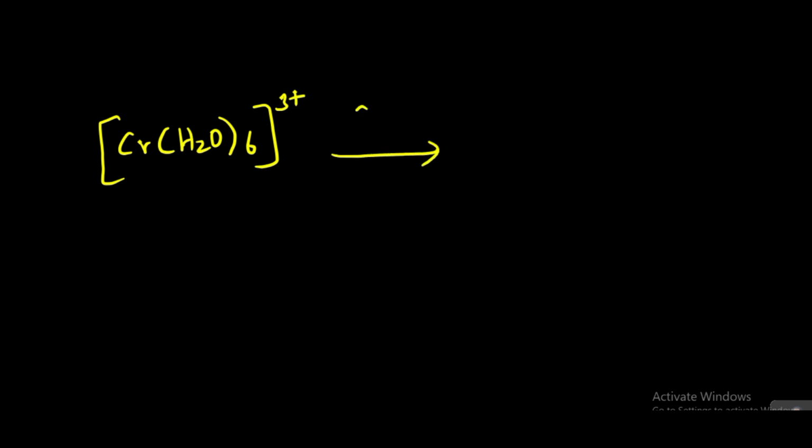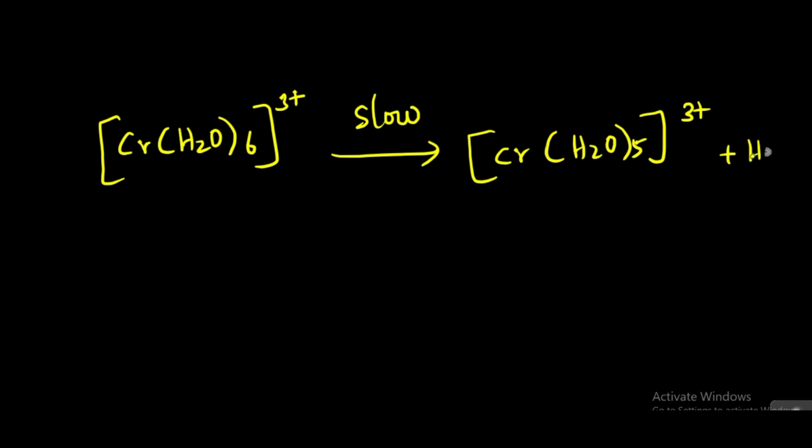So let us give an example for this SN1 reaction. The chromium hexaaqua complex, [Cr(H2O)6]3+, follows the slow step to give [Cr(H2O)5]3+ plus H2O. It is the five-coordinated intermediate.